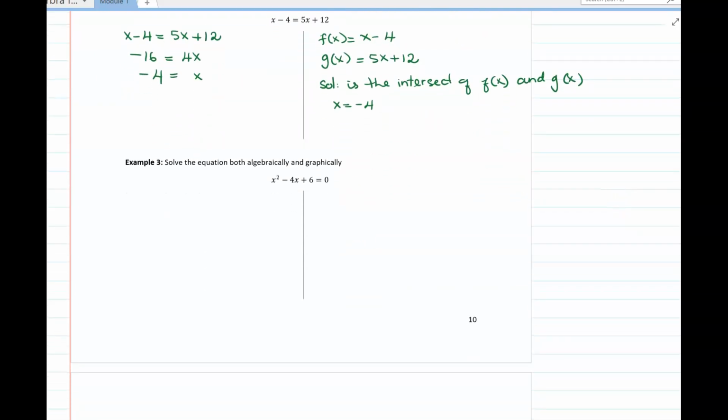So let's go ahead and try the next problem. Solve the equation both algebraically and graphically. x squared minus 4x plus 6 equal to 0. This equation is not factorable, so we will solve this using the quadratic formula.